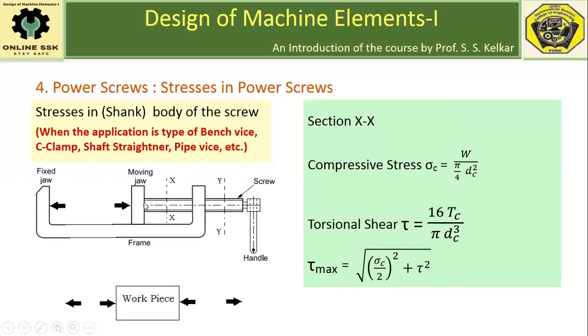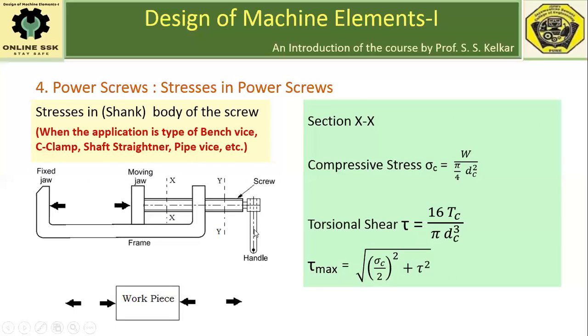Then for rotating this screw, a handle or a bar, Tommy bar, is provided, wherein the force will be applied on the bar while rotating the screw. For rotating the screw, operator will apply force equal to P and length of the bar is LB.